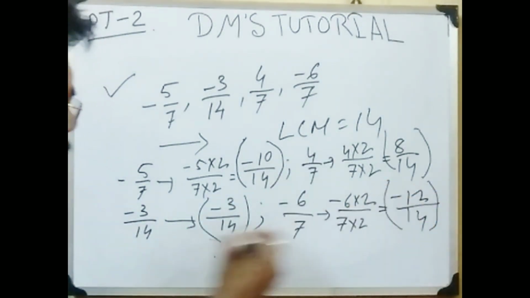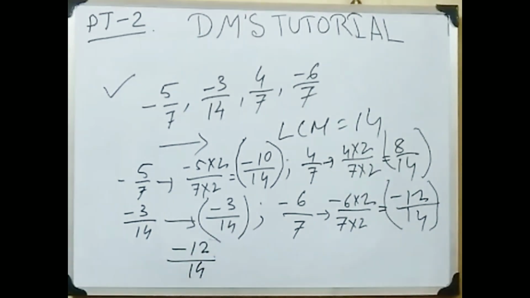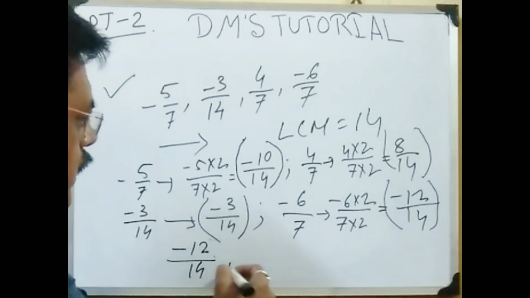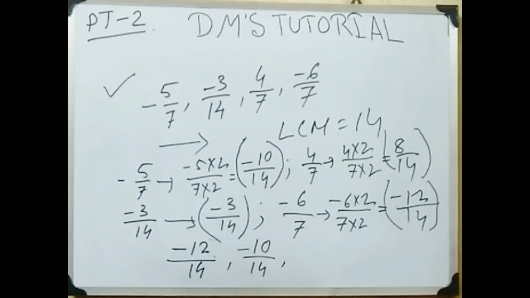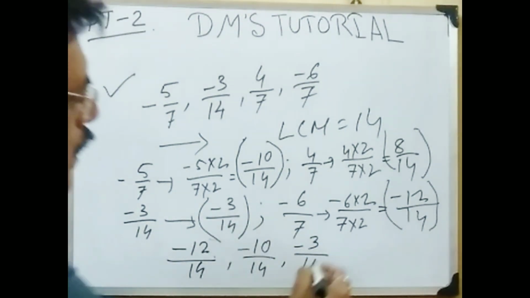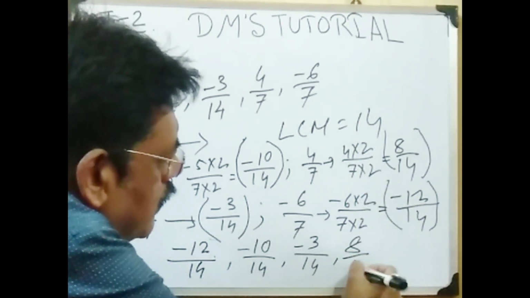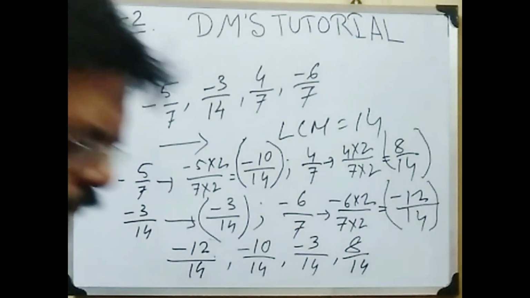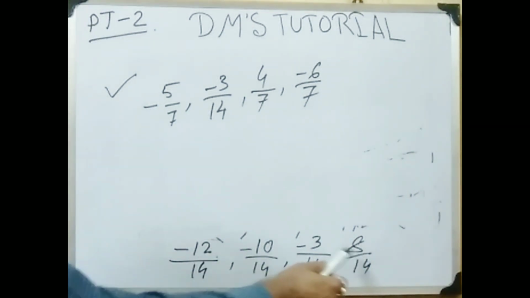The lowest number is minus 12 by 14, then comes minus 10 by 14, then minus 3 by 14 and lastly 8 by 14. So we have arranged the numbers from lowest to highest.